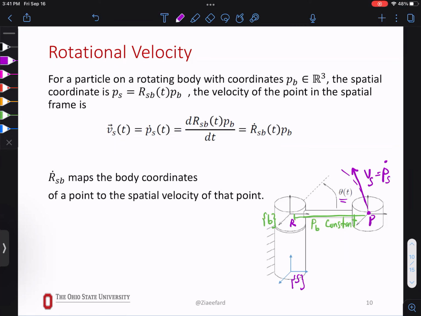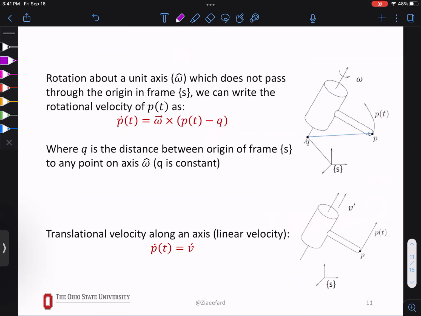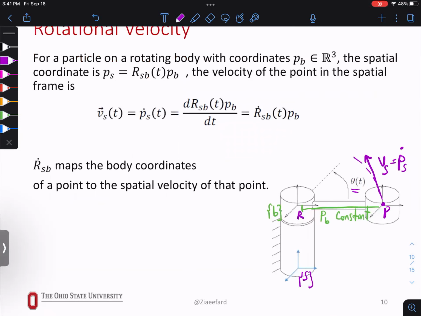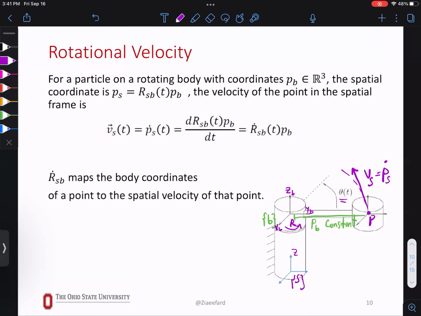We identified a body frame, which is this, and the origin line. So if this was your R joint, what's the axis of rotation here? ZB, right? And then let's say this is ZS, XS, YS.